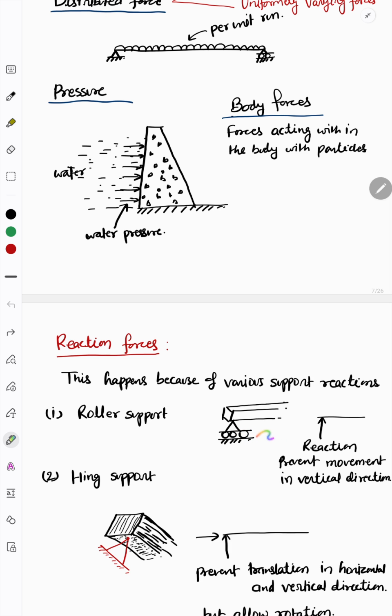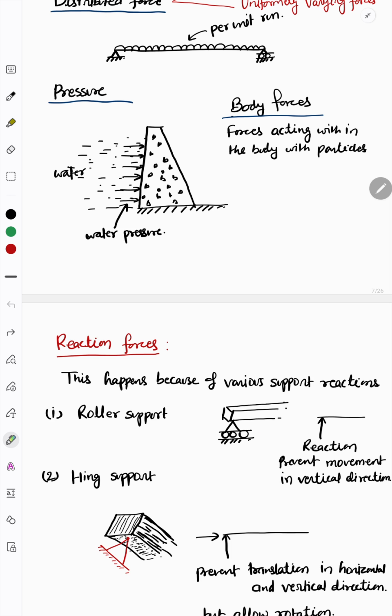Suppose it moves in the horizontal direction, but this support will not allow movement in the vertical direction. So as it is free to move in the x or horizontal direction, there will not be any reactive force.